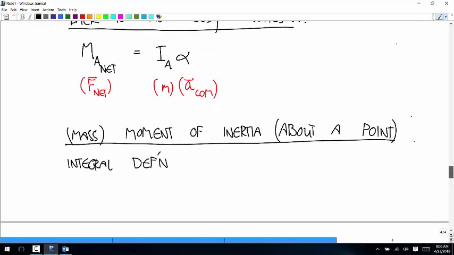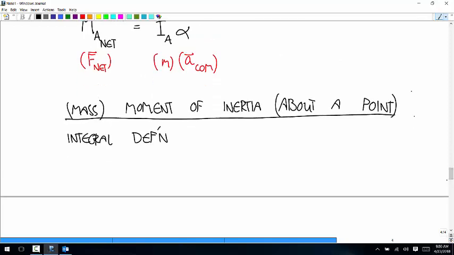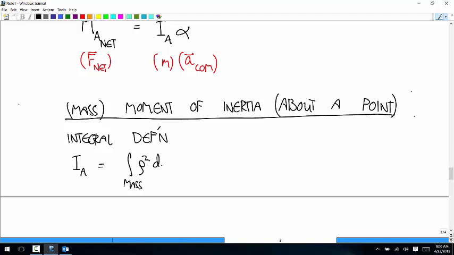But this integral definition of the mass moment of inertia about a point is the integral over the entire mass of rho squared dm. So you break it up into these little pieces of mass. Rho is how far that piece of mass is from the point A. And then you add them all up in a Riemann sum, and you get the total thing.